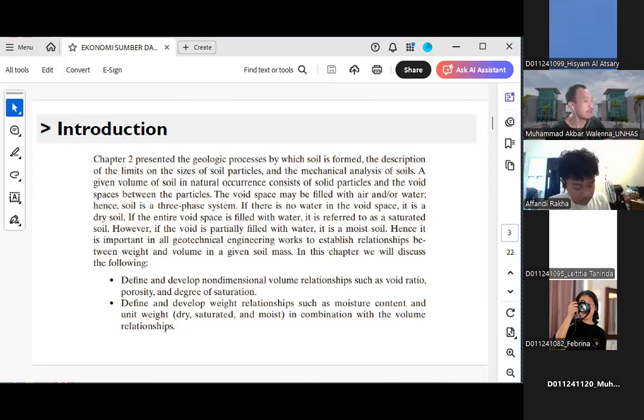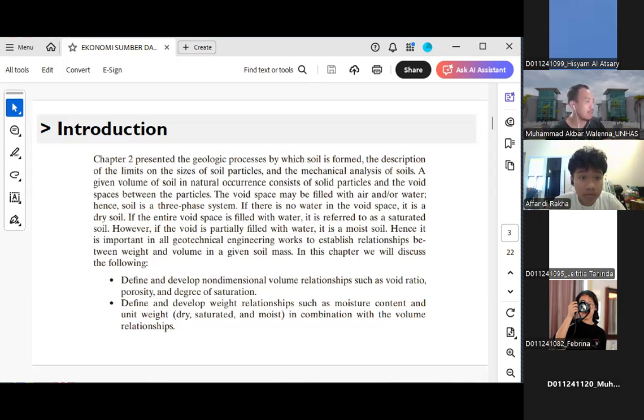If there is no water in the soil, only air and solids, we call that a dry soil. If the voids are completely filled with water, so there's no space for air to be trapped inside the three-phase system, that means the soil is saturated.